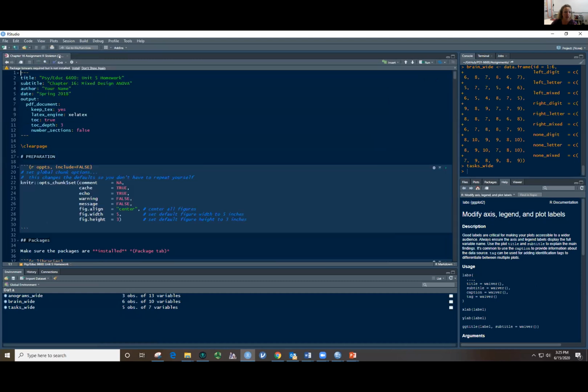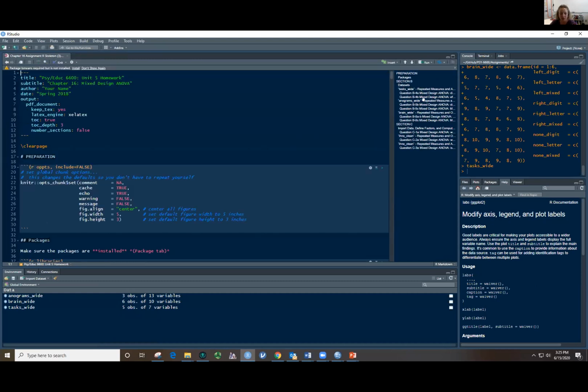No, not the key. This one. And this one does not have 16A in there.